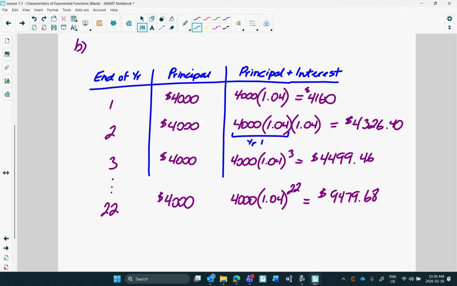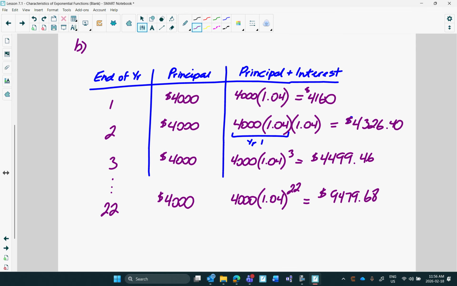That's why when you borrow money for a few years, you actually have to pay back more than you borrow. And that's called the interest. That's the charge. That's what the bank charges you to borrow money. Okay?